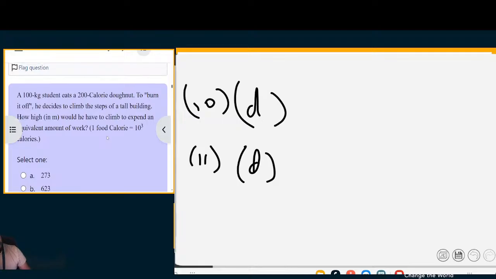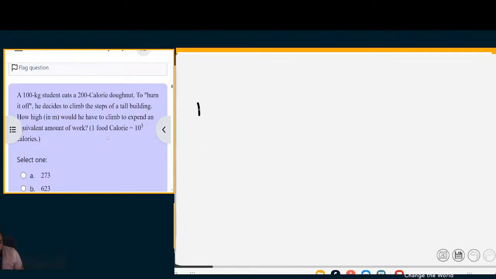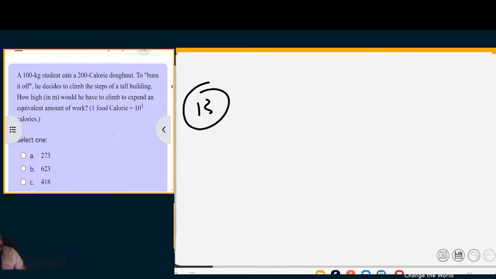A 100-kilogram student eats a 200-calorie donut. To burn it off, he decides to climb the steps of a tall building. How high in meters would he have to climb to expend an equivalent amount of work? So one food calorie is 10 to the 3 calories.